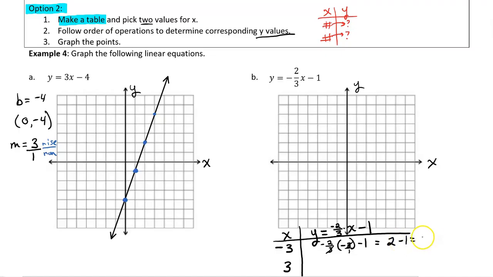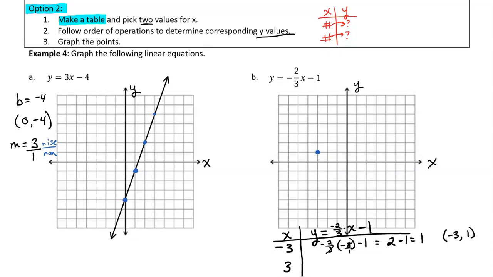Minus 1, which will give me 1. So as an ordered pair, I'm going to plot the point negative 3, comma 1. I can go ahead and put that on my graph. Negative 3, comma 1. Up here.